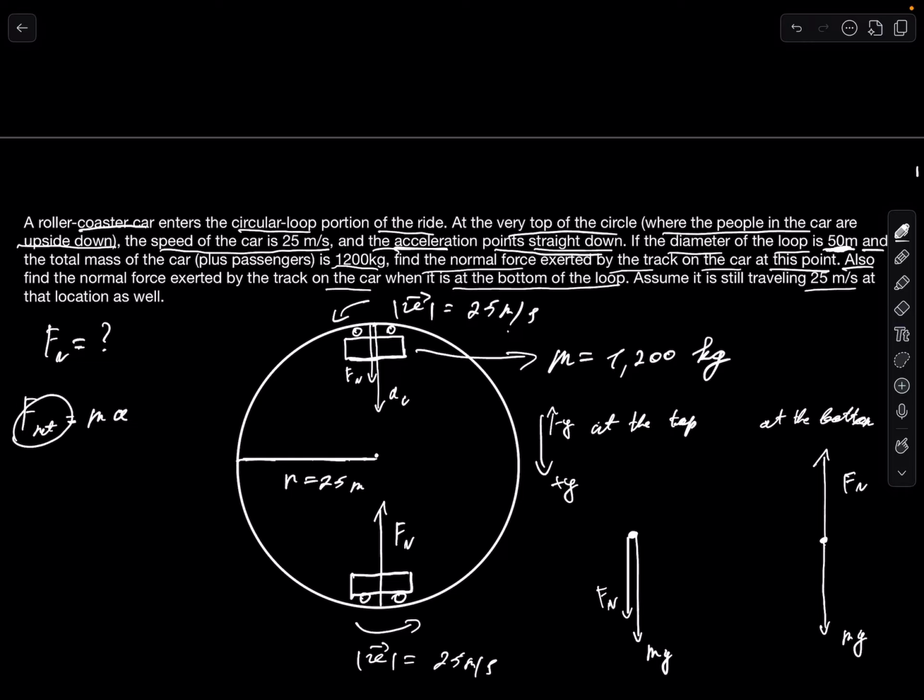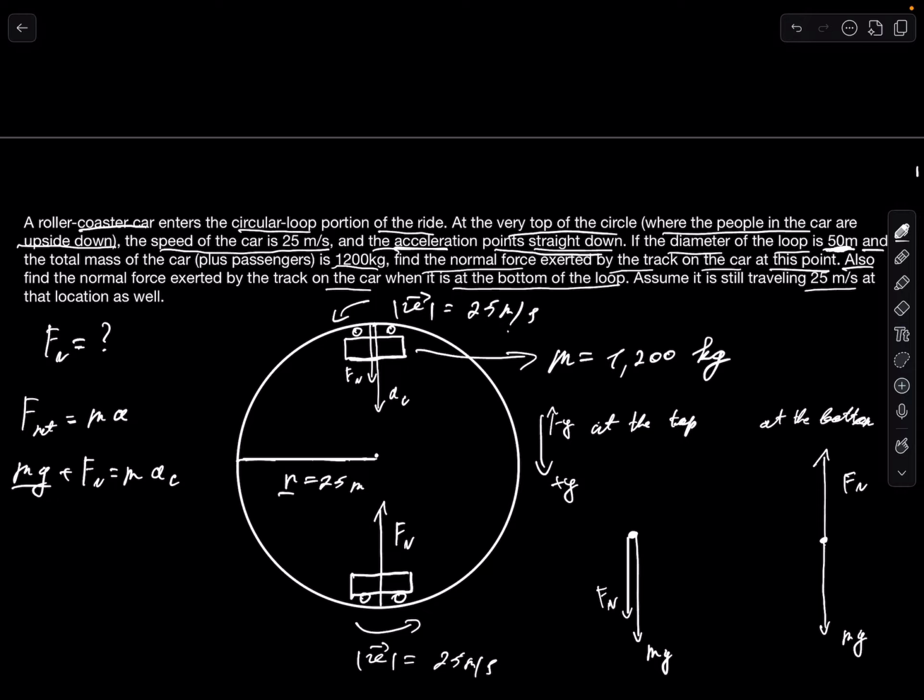So what's the net force when the car is at the top? We know that we have the force of gravity, mg, plus the normal force is equal to the mass of the object, which is 1200, times the centripetal acceleration, which we also need to find. That's going to be easy. We have the radius, we have the speed, so that's easy peasy.